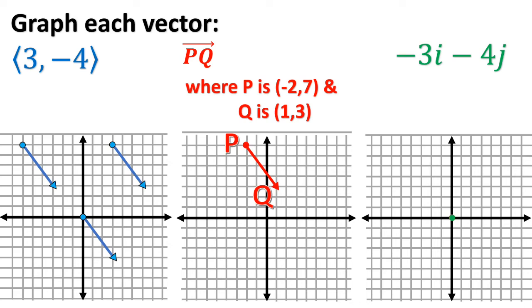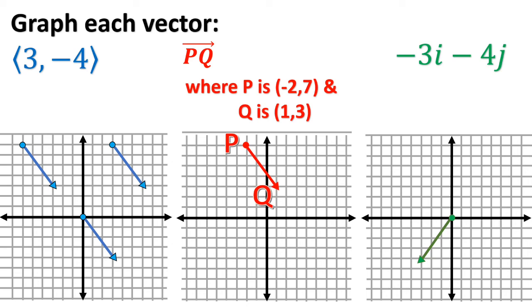The number in front of j tells us how much to move up or down. From this point, we will go left 3 and down 4, drawing an arrow in that location. Connecting. And now we have a graph of vector -3i minus 4j.